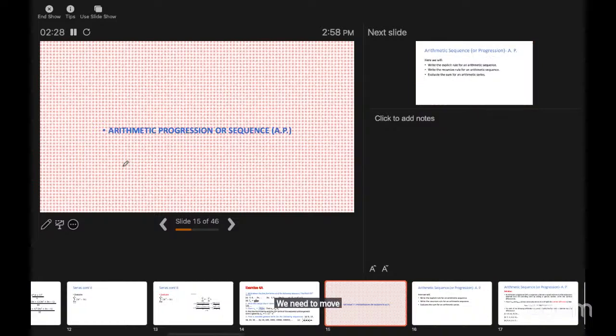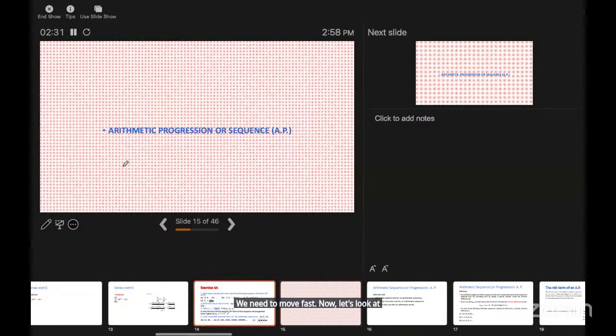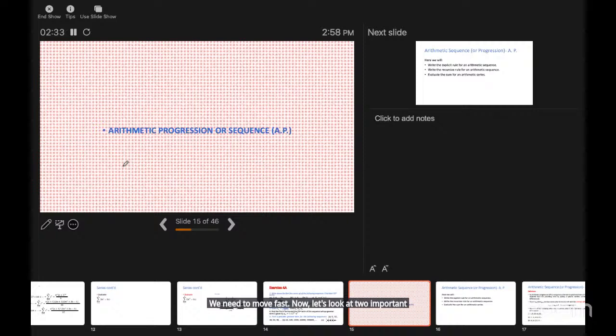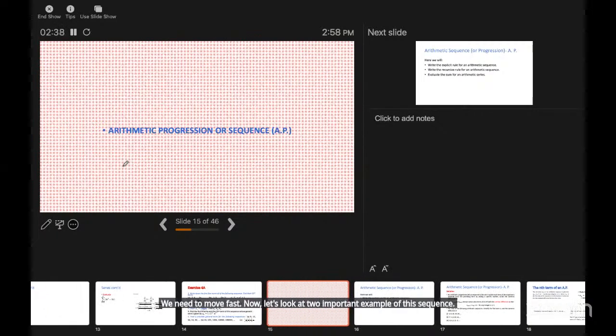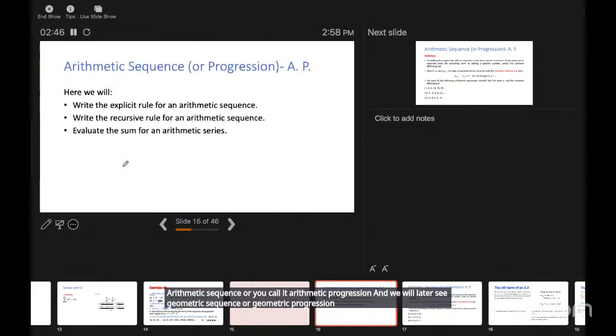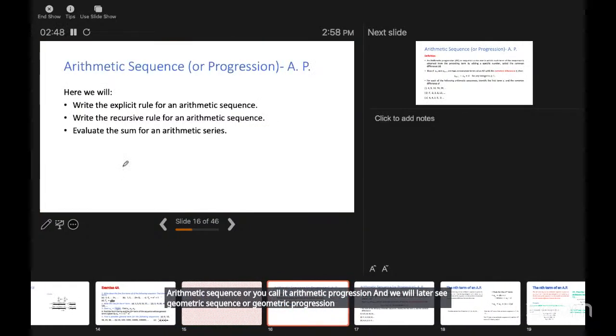Now, let's look at 2 important examples of sequence. Arithmetic sequence, or arithmetic progression, and we will later see geometric sequence or geometric progression. In the arithmetic sequence, we want to look at the rule for the sequence.